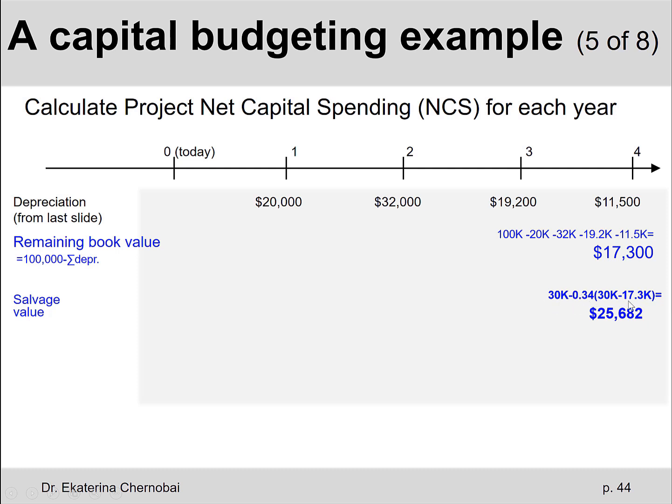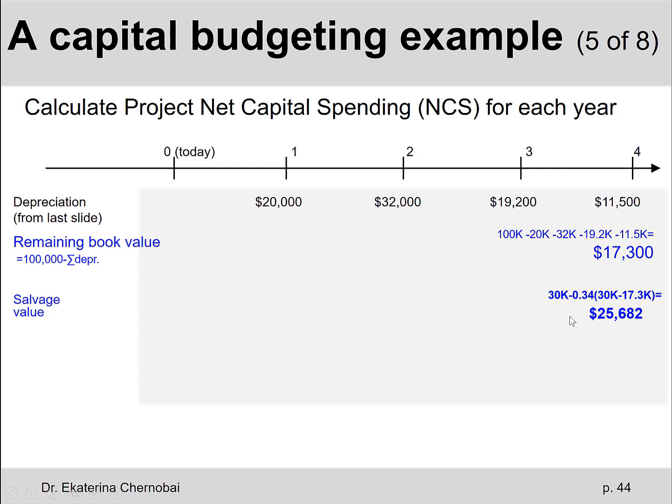So long story short, we need to use the after-tax salvage value formula. On one of my earlier slides where I talked about the formula, I showed two versions of it. And I mentioned that it doesn't matter which one of the two versions you use. Mathematically, they give the same answer. So I use the formula which says selling price, $30,000, minus tax rate, 34%, multiplied by $30,000, the selling price again, less the remaining book value, $17,300.